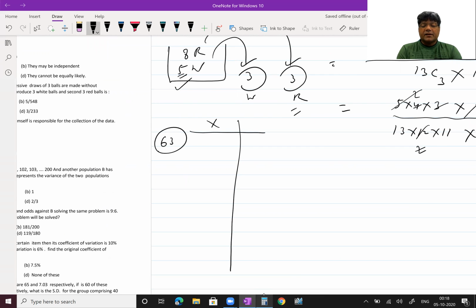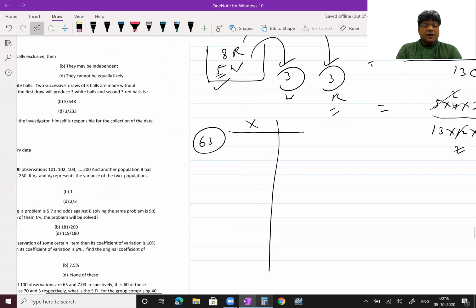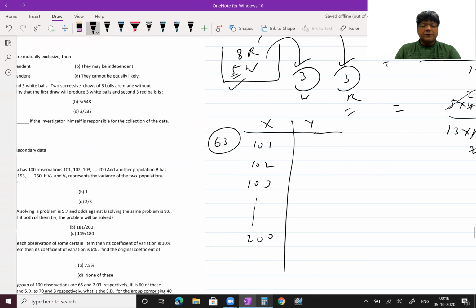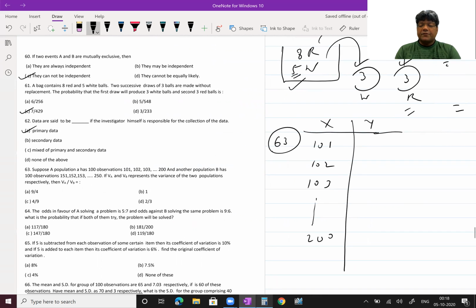These values are X. What are the values? 101, 102, 103, 104, and so on up to 200. Now, Y values: 151, 152, 153, and so on up to 250.